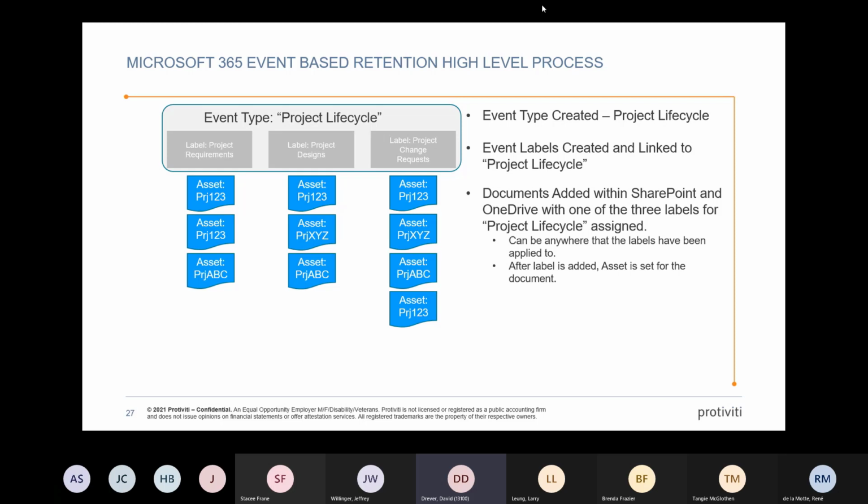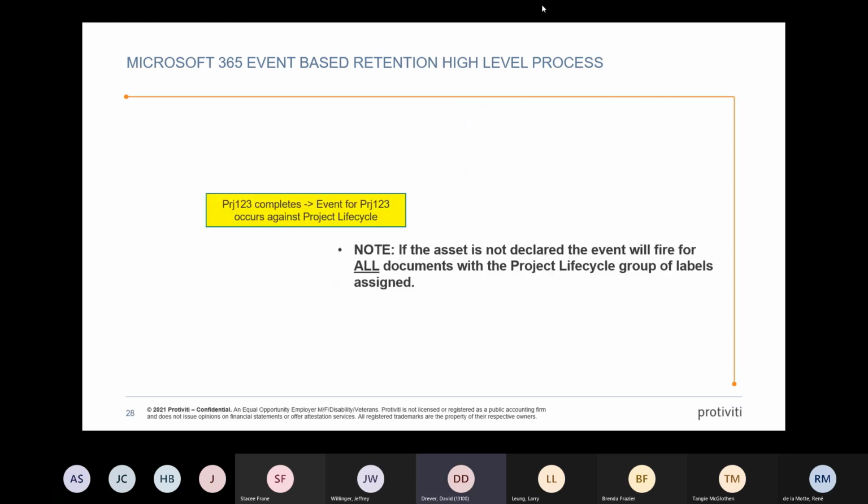In this case, I just have an asset, and my asset is project one, the project number. So let's say, for instance, that project 123 completes. I want to fire off an event that says, okay, project 123 is over, and I need to maintain that content for 5 years.